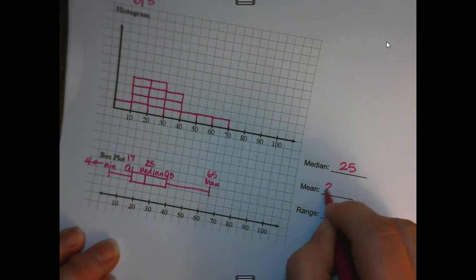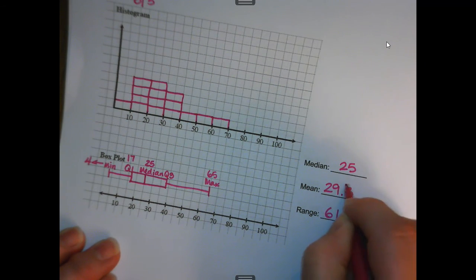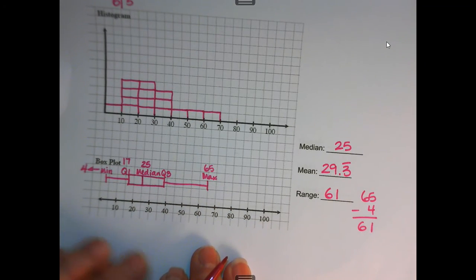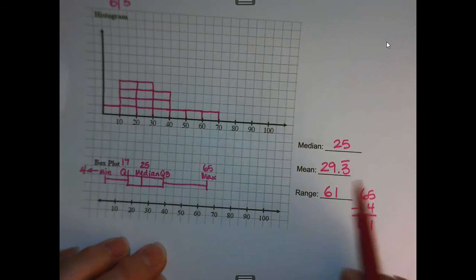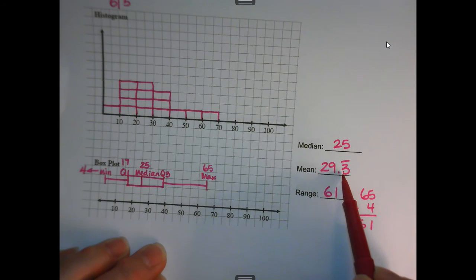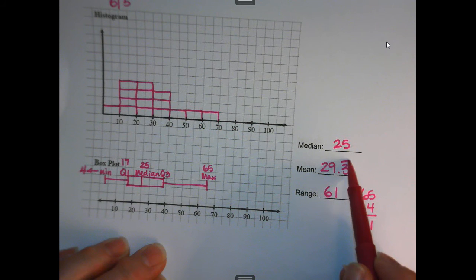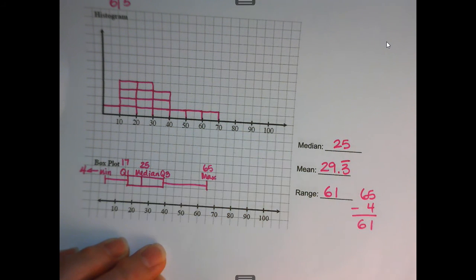And I get 29 and a repeating 3. And we learned in the past class, when class was in session, that when I have a repeating decimal, I put a line above it. It's a repeating bar, and that tells me that that decimal goes on and on and on and repeats.